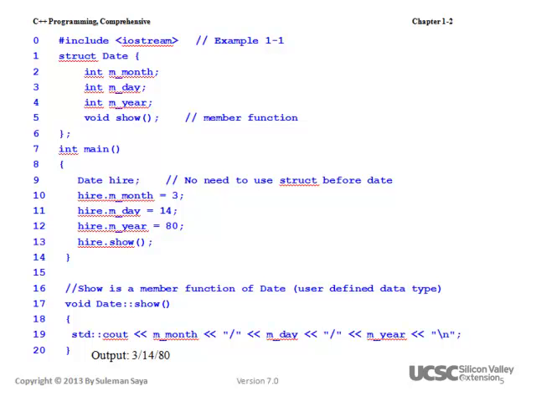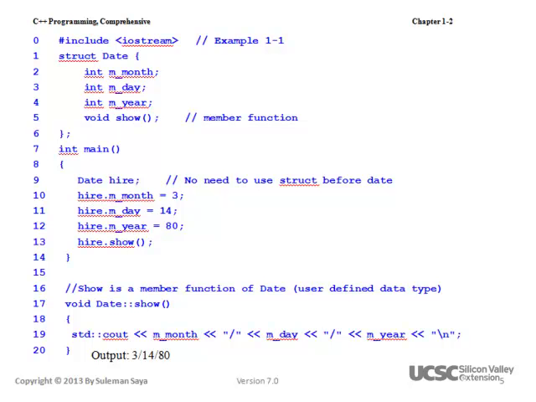Right after the void is date. As you can see, date is the name of our structure, the struct that we created earlier. So that is the name of the structure where the show function is in the body of it. The show function is a member of a structure called date.